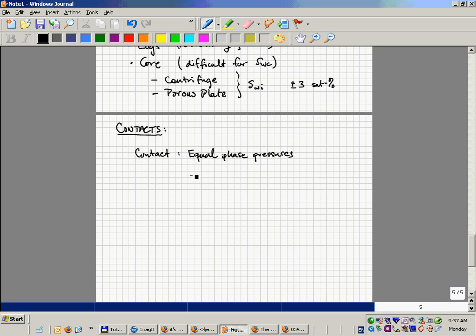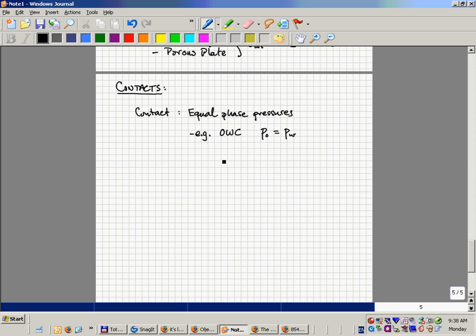For example, oil-water contact, we've got the pressure of the oil equal to the pressure of the water. For gas-oil contact, the pressure of the gas equal to the pressure of the oil. And there's only one depth where that's the case. And that's the depth that we call the contact.